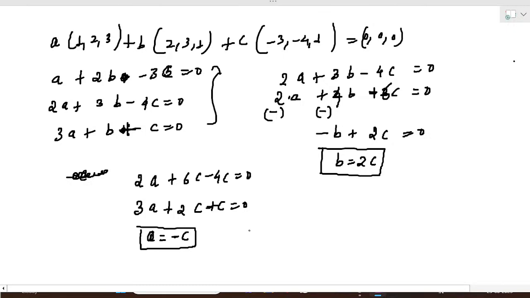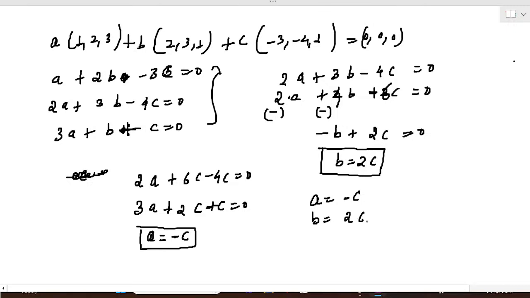Okay, and now what I can do, basically what is happening is it will create a certain problem here. Okay, so I have one thing that is very much clear, that A can be minus of C, and B can be equals to what?